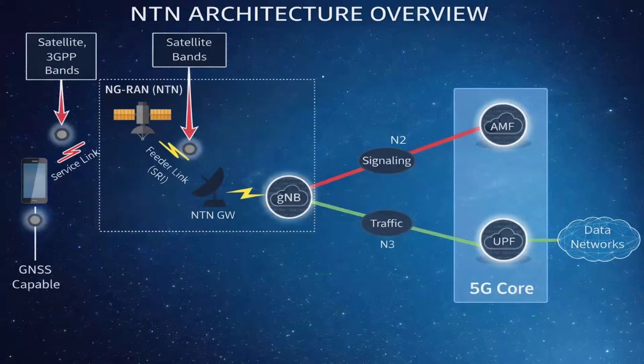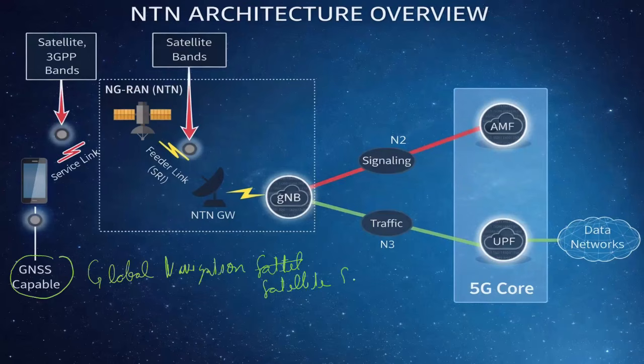The user device is GNSS capable. As I said earlier, GNSS is global navigation satellite system, right? This means it can determine its position using satellite navigation systems. This is very important in NTN because the network needs accurate location information for the communication and the tracking.